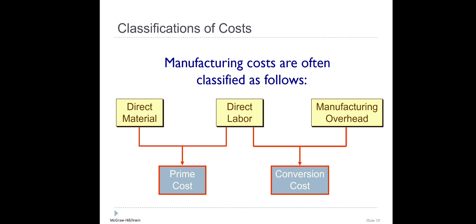So another way to say it is like this. If you have a business, to convert the raw material to become a finished product, you need direct labor and overhead. So that's why direct labor cost plus manufacturing overhead costs are known as conversion costs.